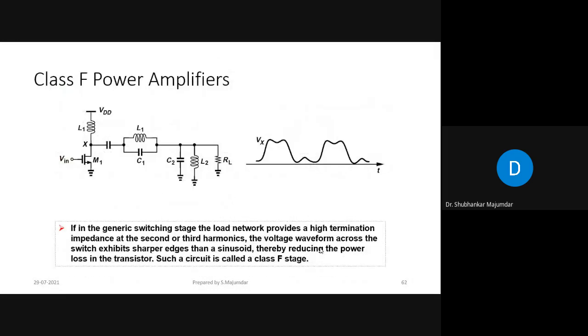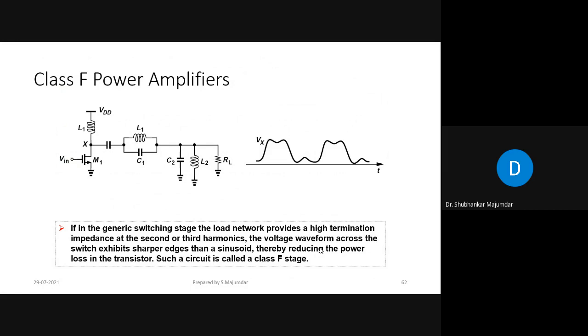So now the class F amplifier. What is the change between class F and class E? Basically, the class F amplifier is a switching stage. The output load network provides a high termination impedance at the second and third harmonics.